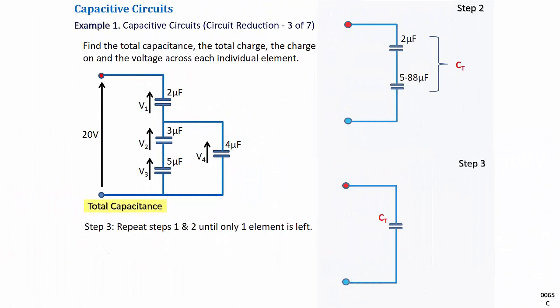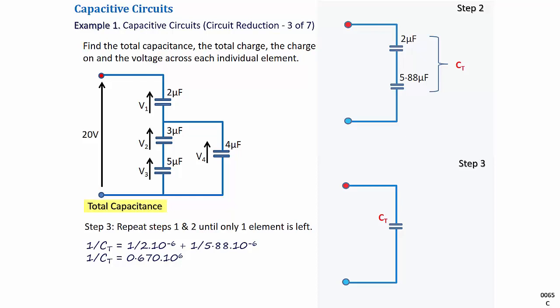Step 3. Repeat steps 1 and 2 until only one element is left, CT. So 1 over CT equals 1 over 2 times 10 to the power minus 6 plus 1 over 5.88 times 10 to the power minus 6, which equals 0.670 times 10 to the power 6.